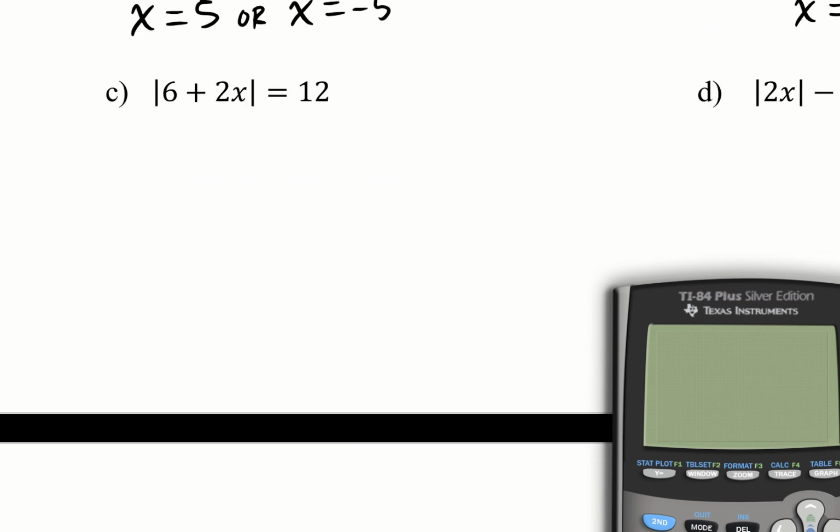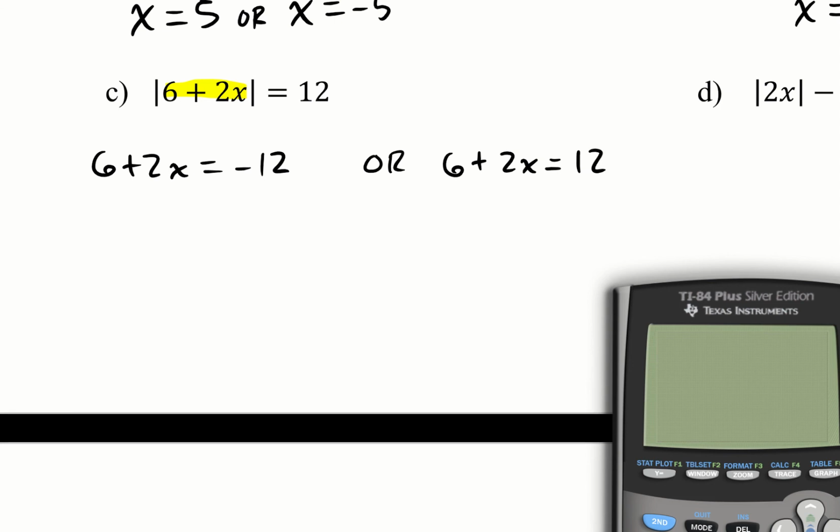Fairly straightforward. This thing inside the absolute value, the 6 plus 2x, is either going to be negative 12, or the 6 plus 2x is going to be positive 12.